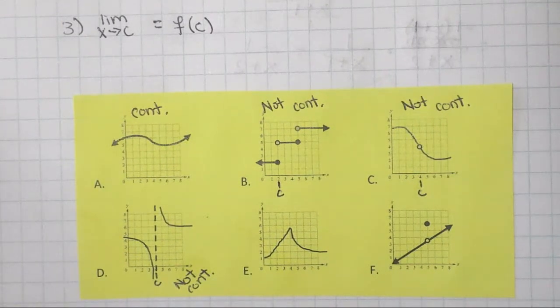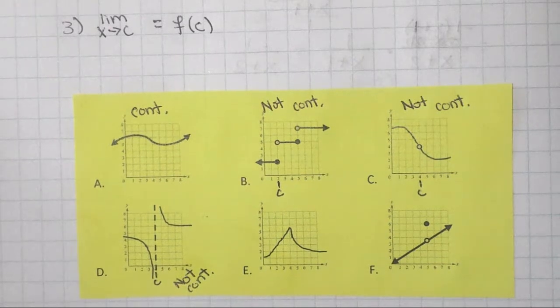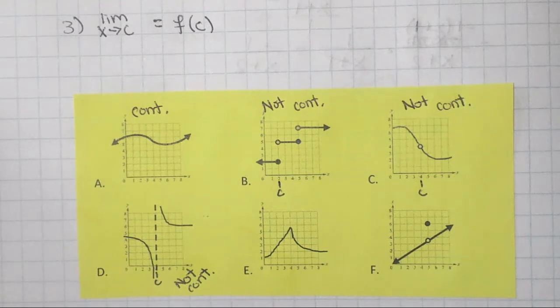Letter E. So if we're struggling with this one, let's see if it breaks any rules. Does the limit exist everywhere? Okay. Is there values of C defined everywhere? Do those limits match those values? Yes. So therefore, this is continuous.